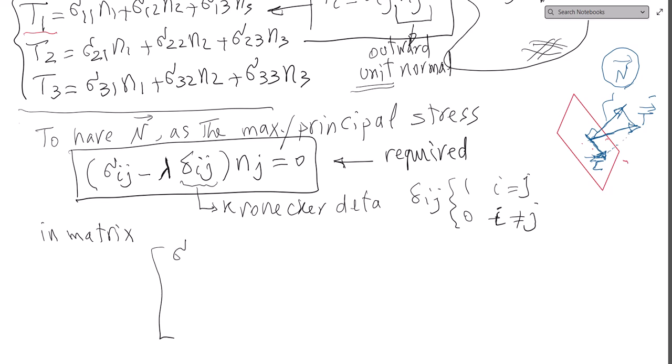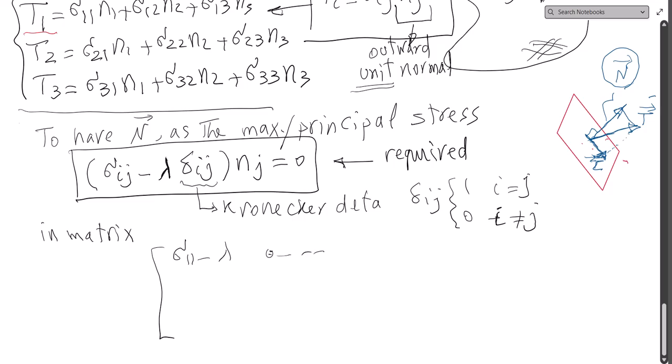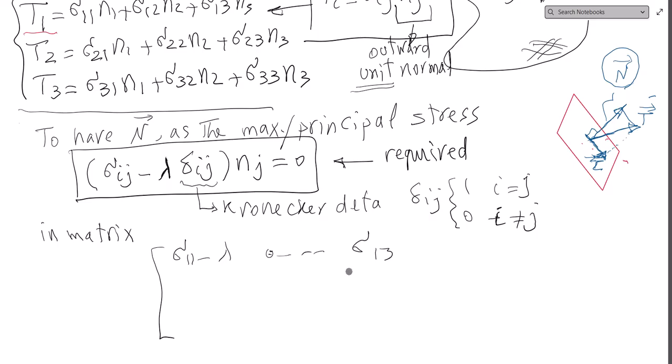this will become, say, sigma 1 1 minus lambda, and then sigma 1 3, sigma 2 2 minus lambda, and the rest of them, and sigma 3 3 minus lambda.